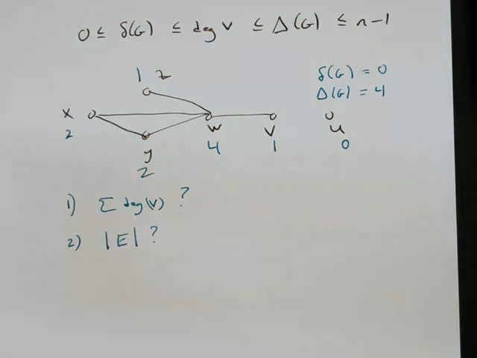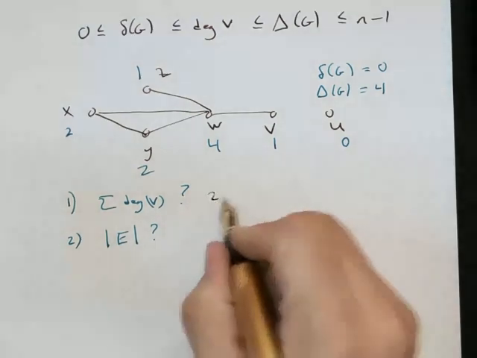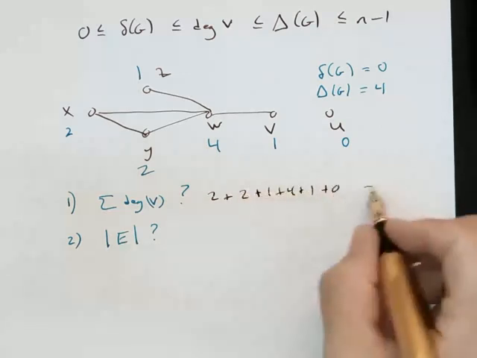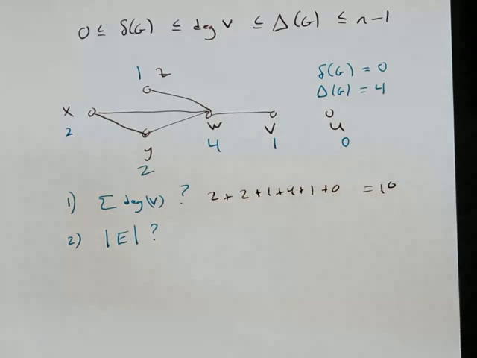What's the total of all the degrees added together? How many edges are on this graph?